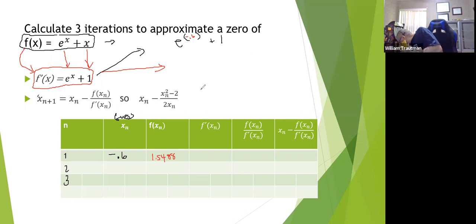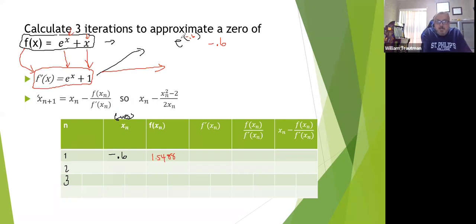Did I write the problem down wrong? Oh, nobody saw what I did wrong. X is negative 0.6. There should be a negative. I need to make sure x goes in here and in here.